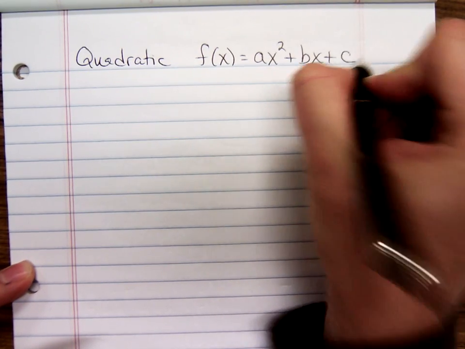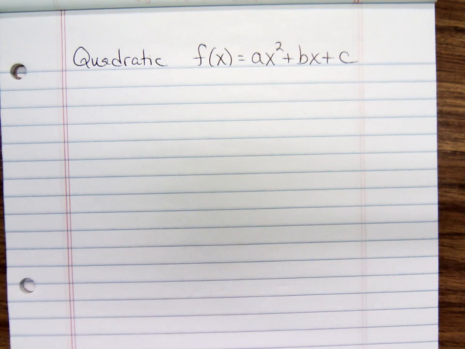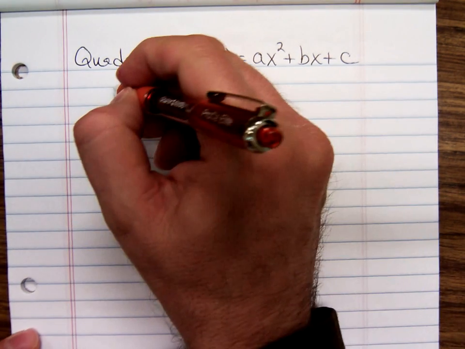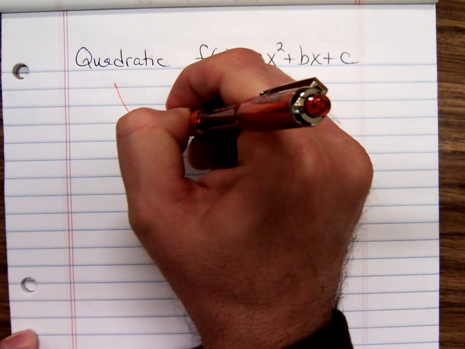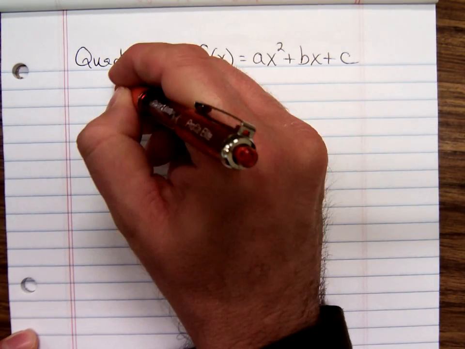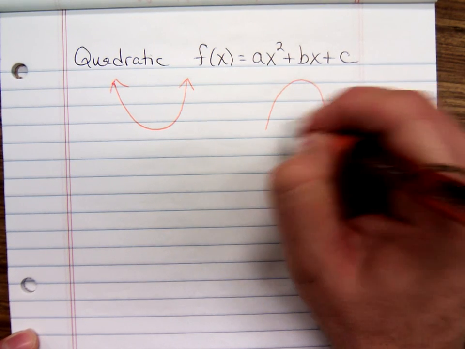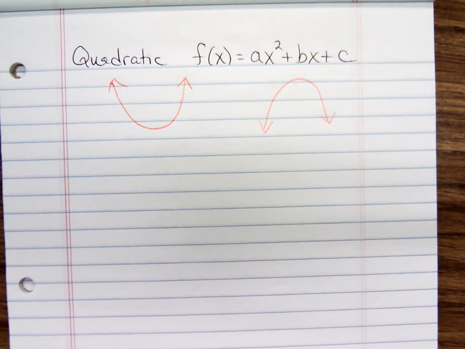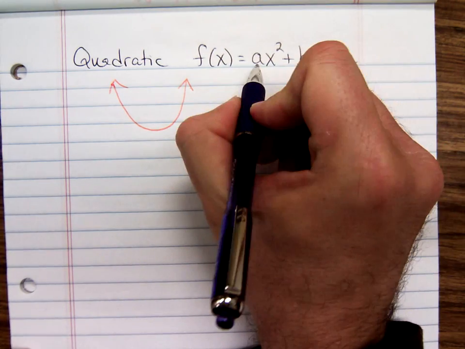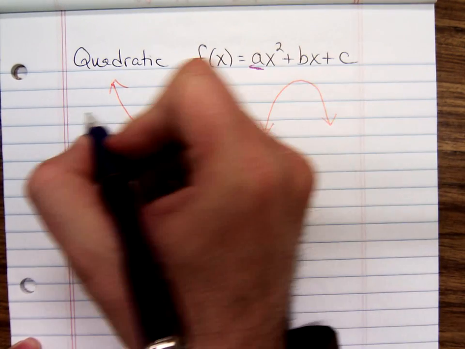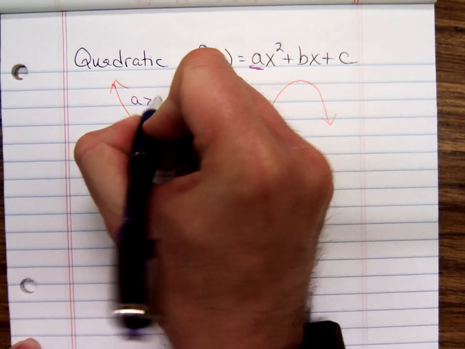The graph of a quadratic function is a parabola. It either opens up or it opens down. So a U-shaped figure. It opens up if the number a is positive, and it opens down if a is negative.